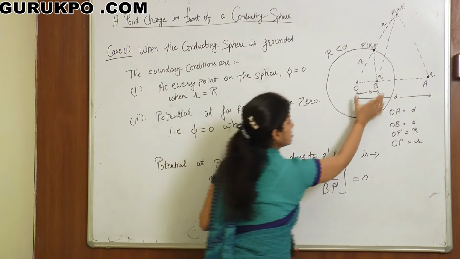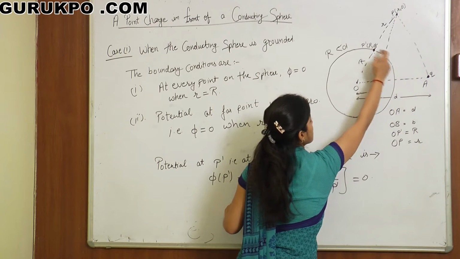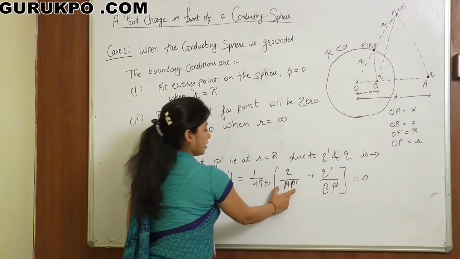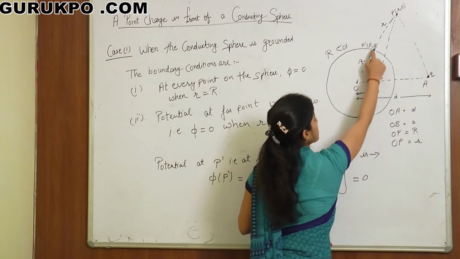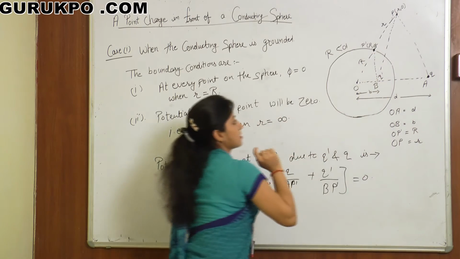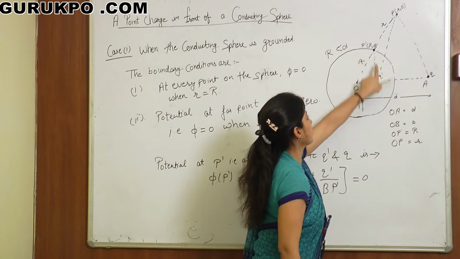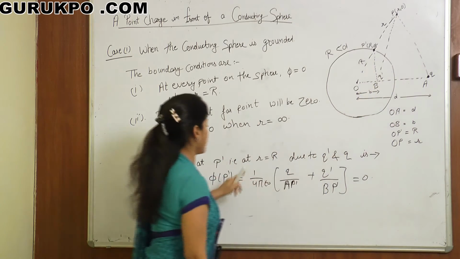AP dash is the distance from P dash to point A, and BP dash is the distance of Q dash from P dash.